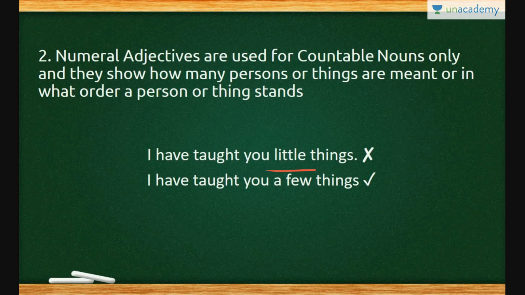The correct form would be I have taught you a few things. Now a few things can be counted. If you say many things, you can say many. Many is also used with countable nouns, but you can't use little. Little is for uncountable nouns.